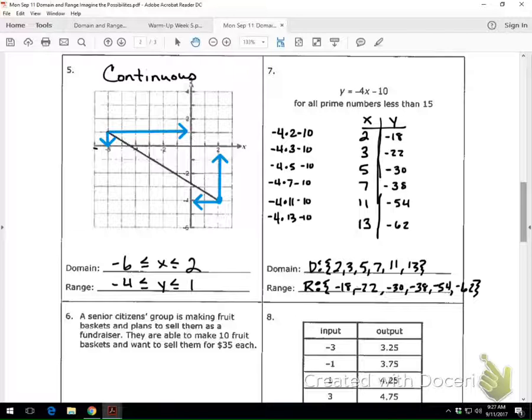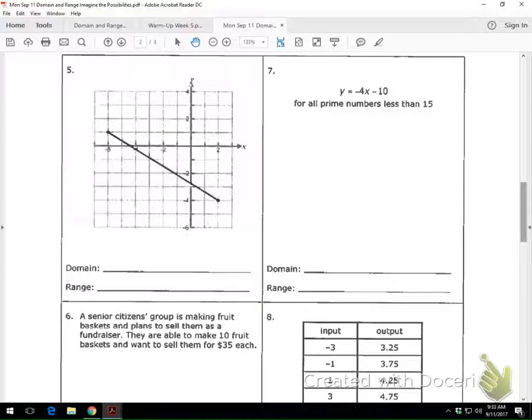Okay. Continuous or discrete? Discrete. Perfect.